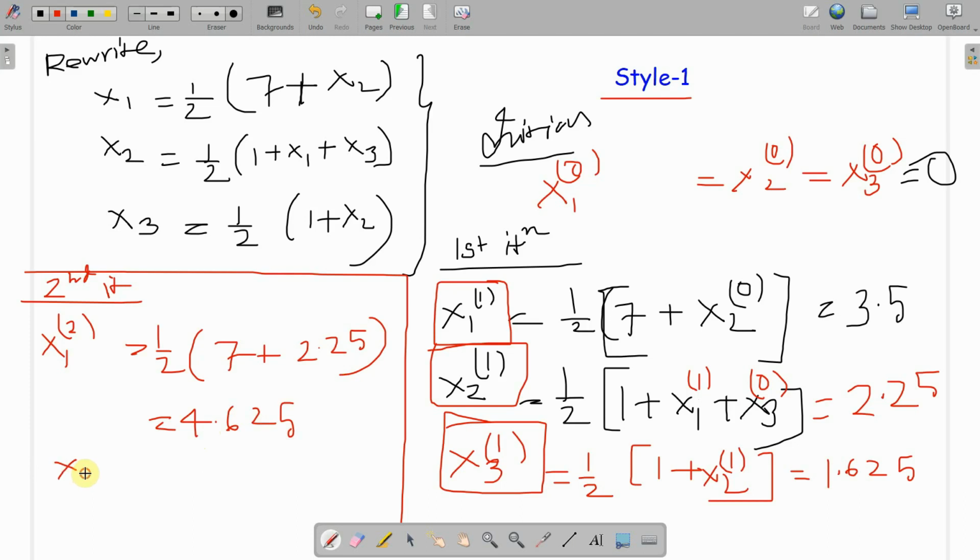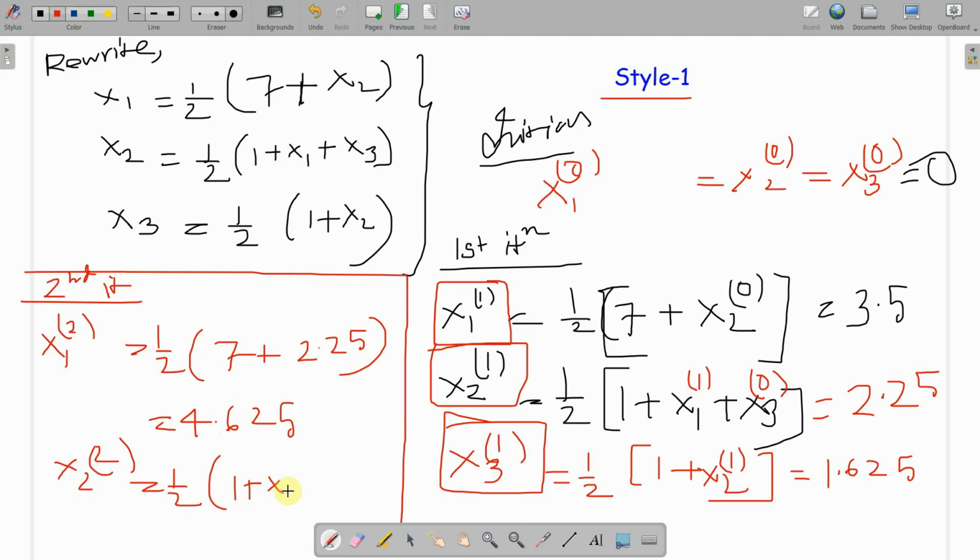Again for the second iteration, x2 is half of 1 plus x1. The right hand side has two values, x1 and x3, so you will be putting the latest values of x1 and x3.